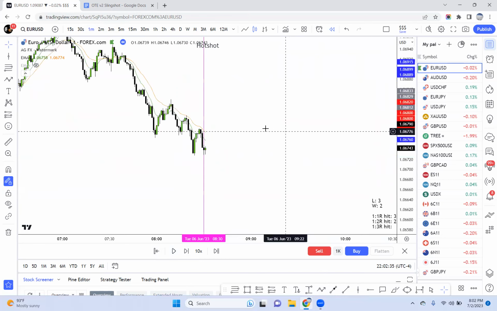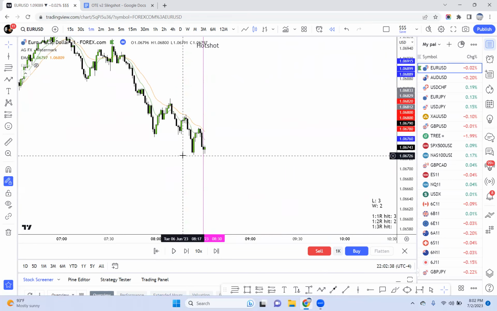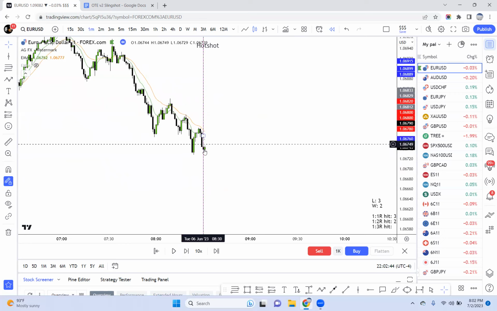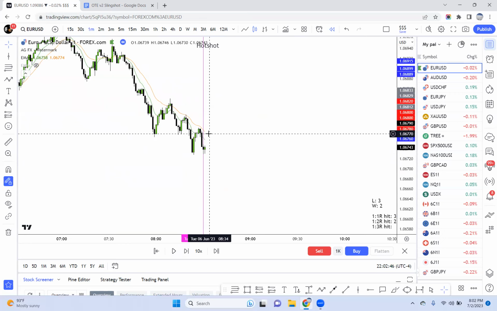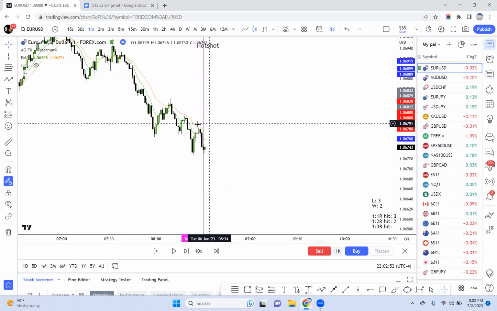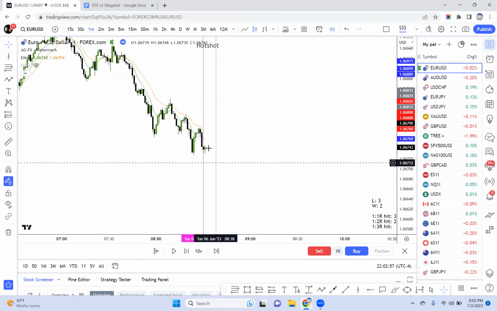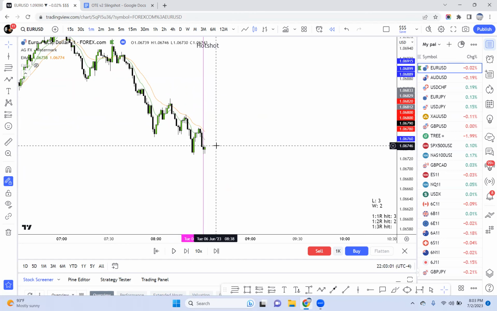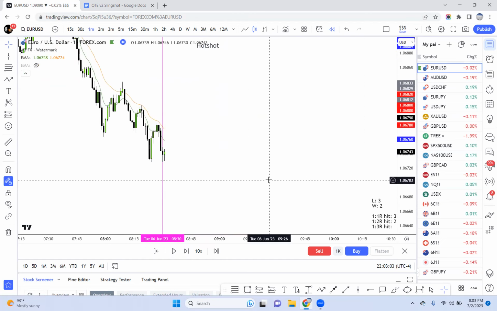We are looking for an expansion that breaks structure through an old high or an old low that is expanded away from the EMAs. At that moment, we want to attach our point A of fibs to the most current swing level high and wait for the swing level low to form. At that moment, we'll attach our fibs, we'll set our limit order. Okay, so let's see what happens here.